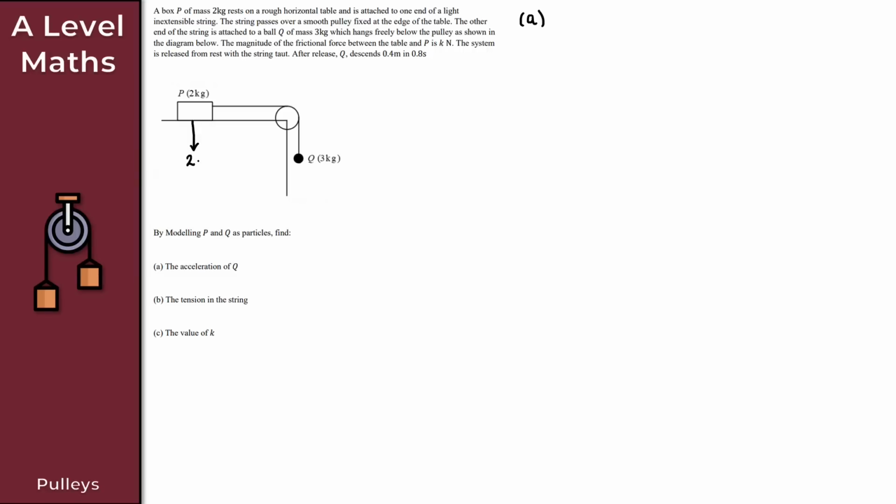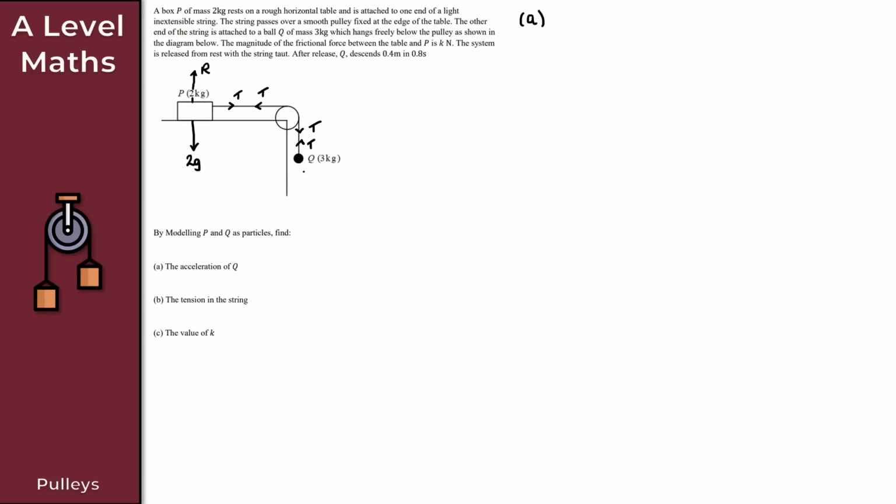We also have a normal reaction, which we'll label as R. We've got tension in the string here, and the same again here, so we've got tension here as well.